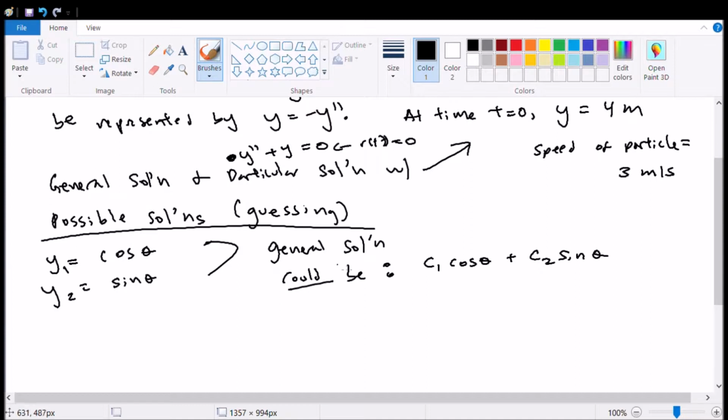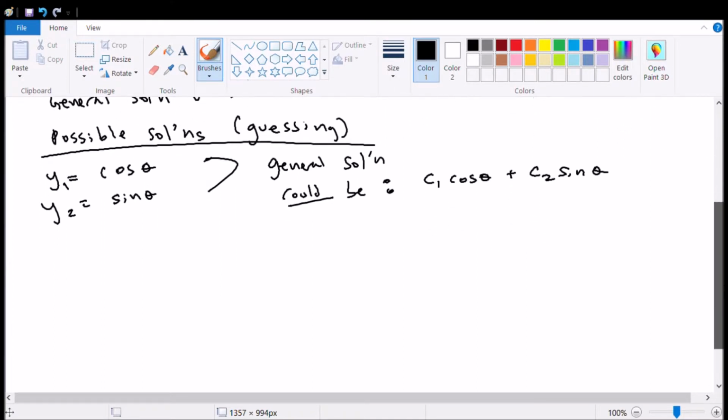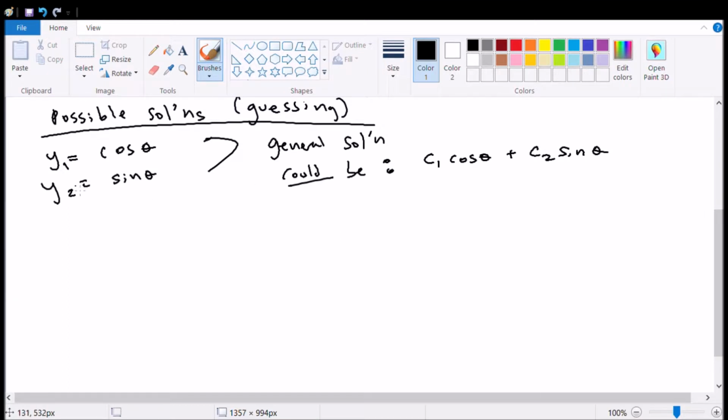And how do we check that this is the general solution? Well, you check using the Wronskian. The Wronskian is the determinant of that linear system of equations, and if the determinant is never equal to 0, then you can always invert that matrix, and if you can invert that matrix, then you can solve for C1 and C2 within the general solution.